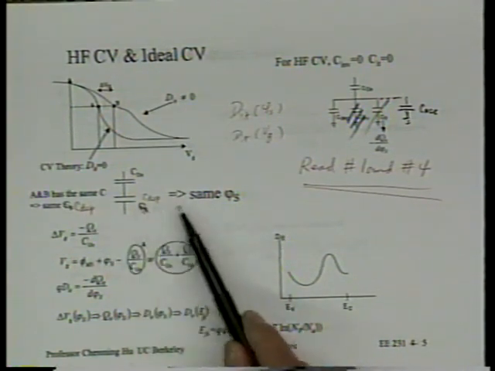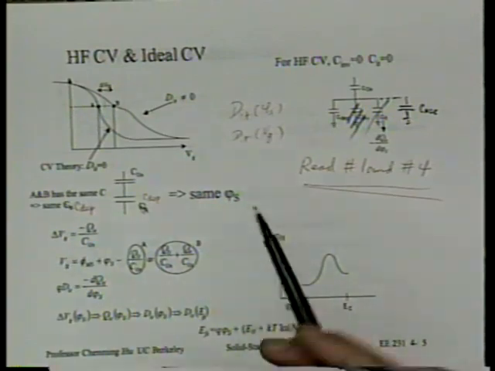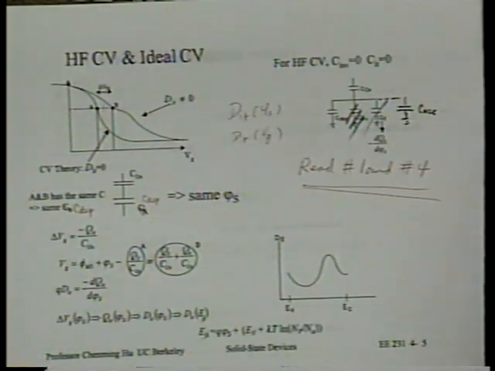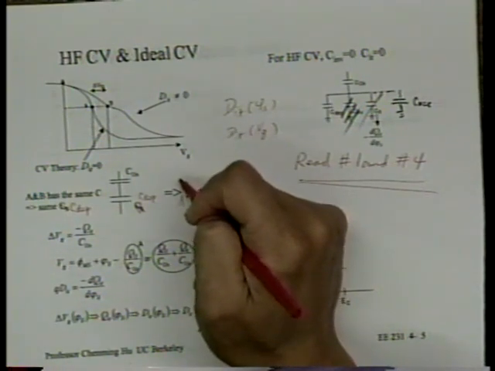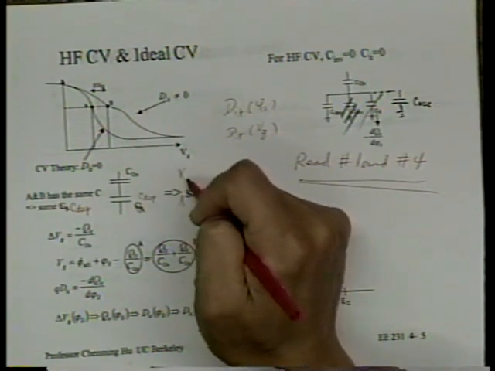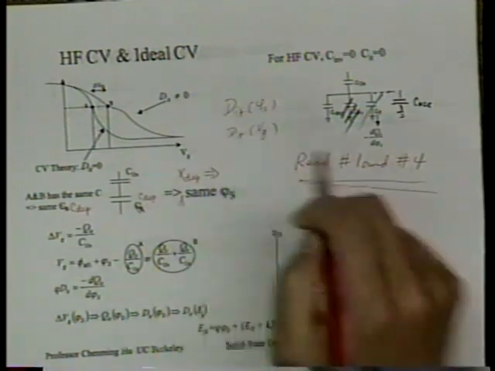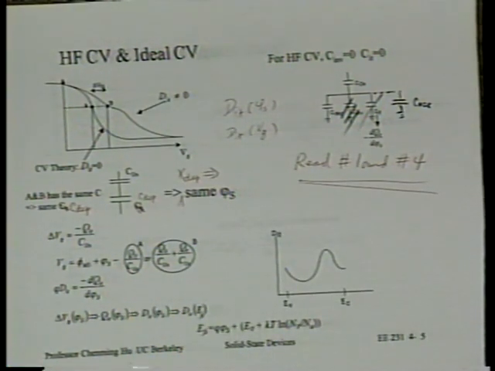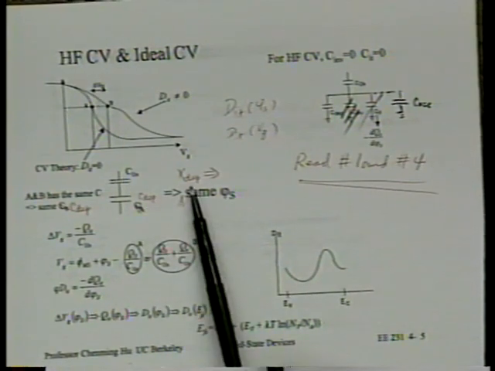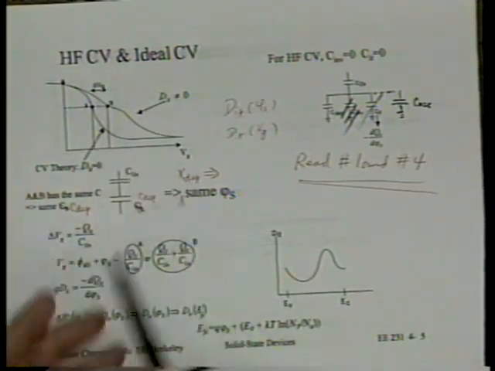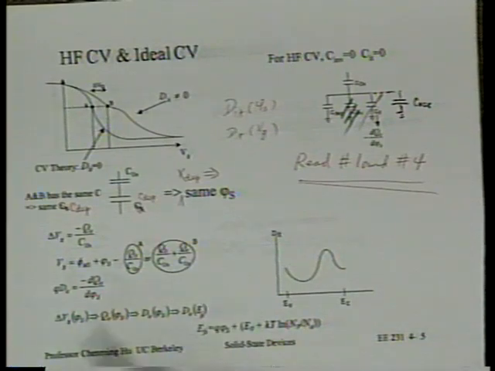If C depletion is the same, then we must have the same, maybe I'll even add one point, perhaps it will make you more comfortable. It's the same X depletion, and therefore the same band bending. If you have the same depletion capacitance, that must mean these two points have the same depletion width, and therefore have the same band bending. All right?